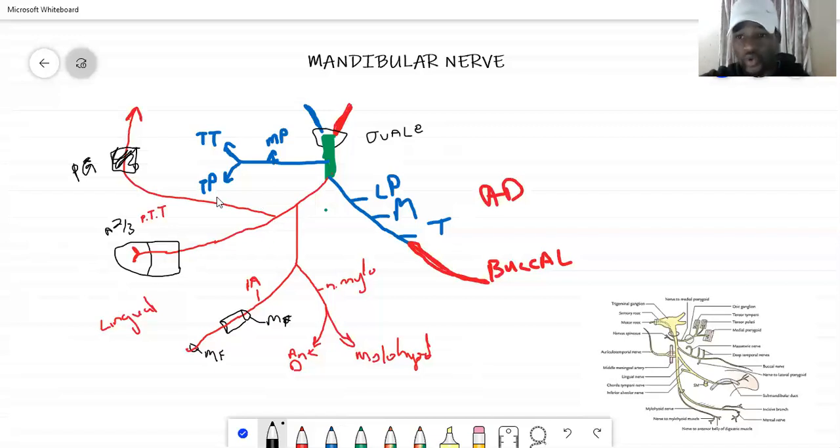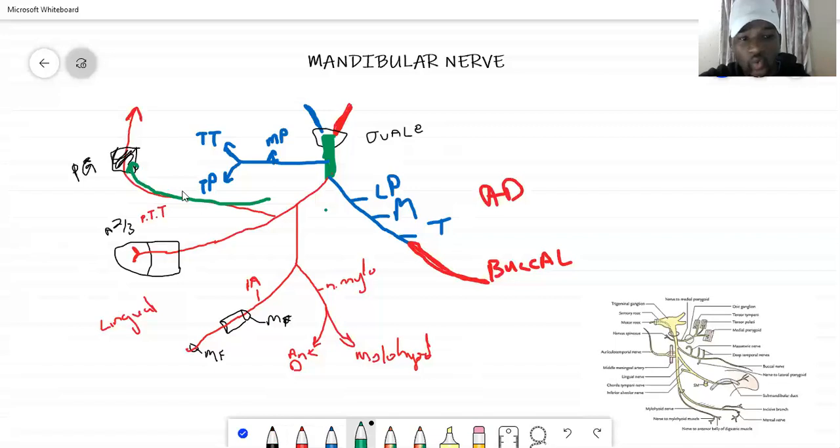You have what we call the lesser superficial petrosal nerve. Let me indicate it in green. It will be carried along by the auriculotemporal to supply the parotid gland.